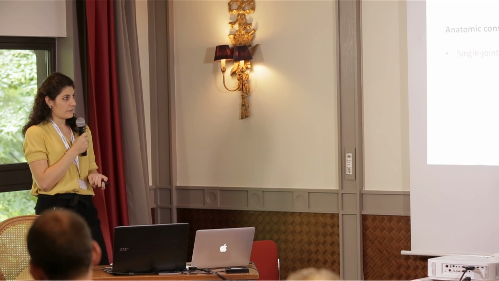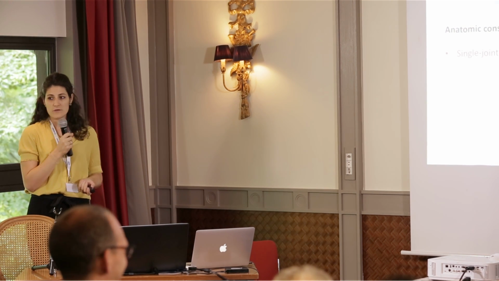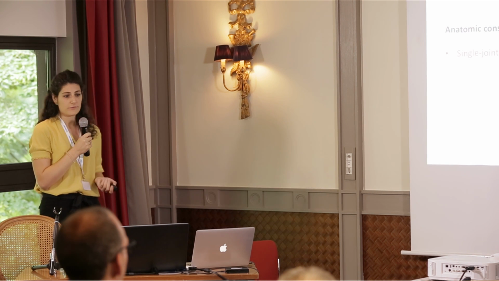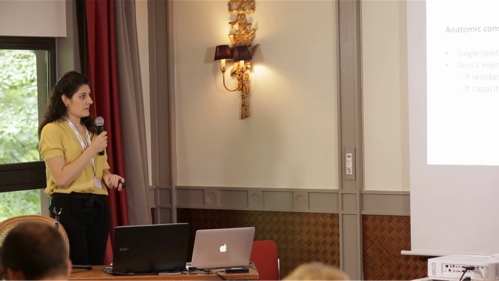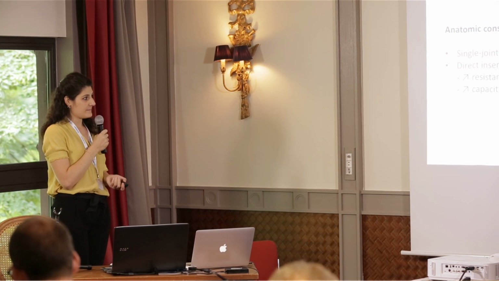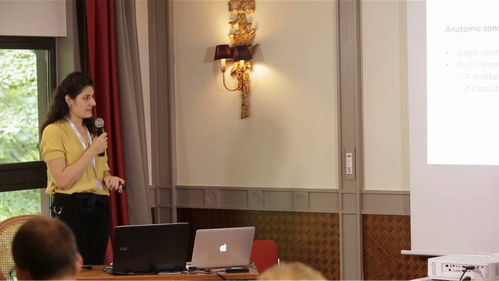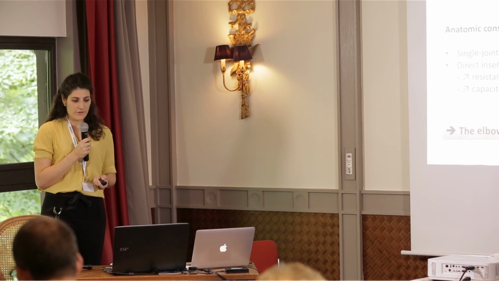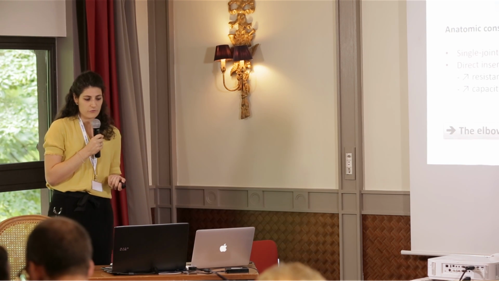Now when you look closer at the brachialis, this muscle is a single-joint and pinnate muscle, so it is more powerful. It has direct insertions of its muscular fibers in the fascia that increase the resistance to stress and the capacity to transmit power. So we think that this muscle is the elbow's strongest flexor.